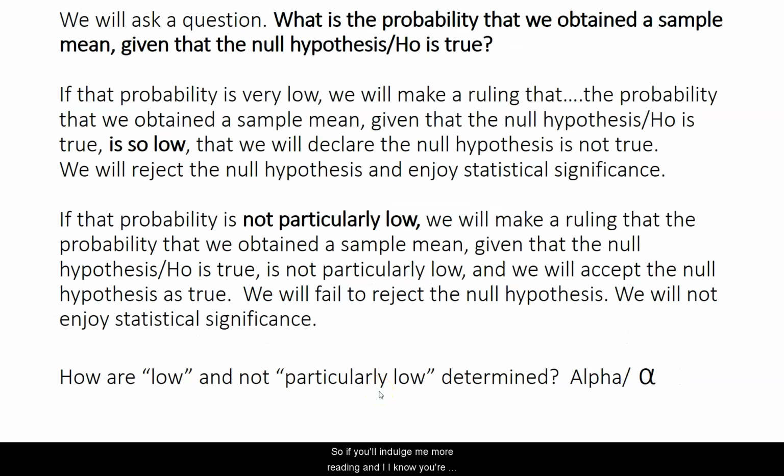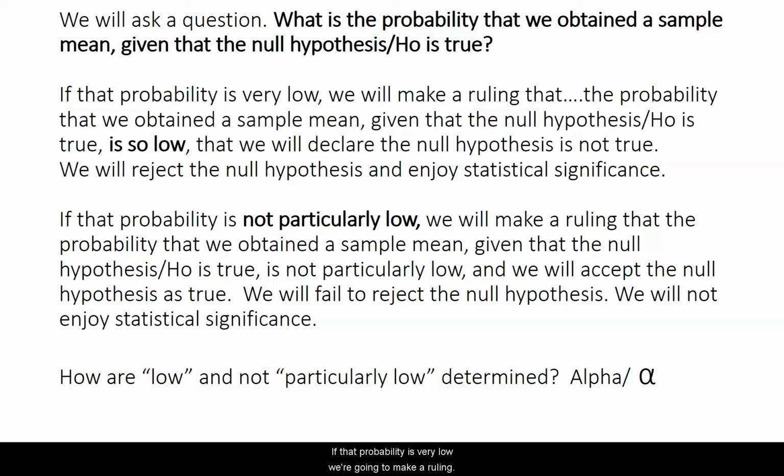So if you'll indulge me in more reading, and I know you're probably getting annoyed with me already, but I really feel like I want to walk through this so slowly because this is the way that I was taught, both as an undergrad and as a grad student. We will ask a question. What's the probability that we obtained a sample mean given that the null hypothesis is true?